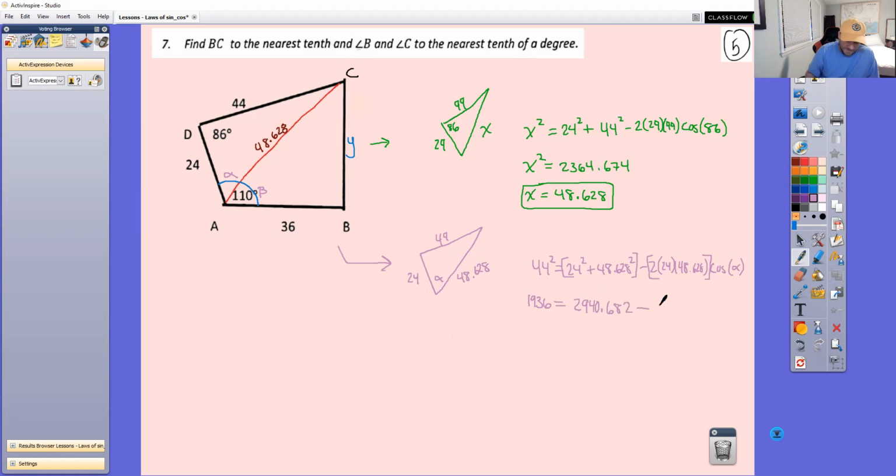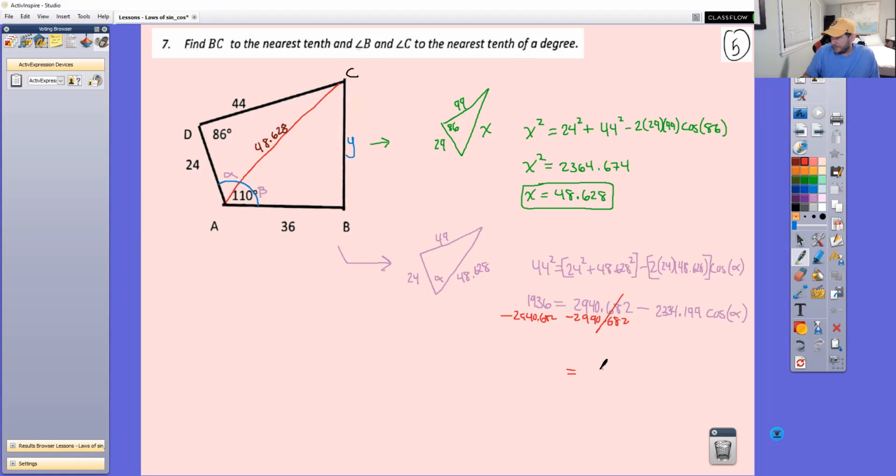And then we're subtracting from that 2 times 24 times 48.628. So 2334.144. And then that's times the cosine of alpha. So we're at that point now where we have to remember that you can't actually subtract these. You have to subtract this from both sides instead. Get that to cancel.